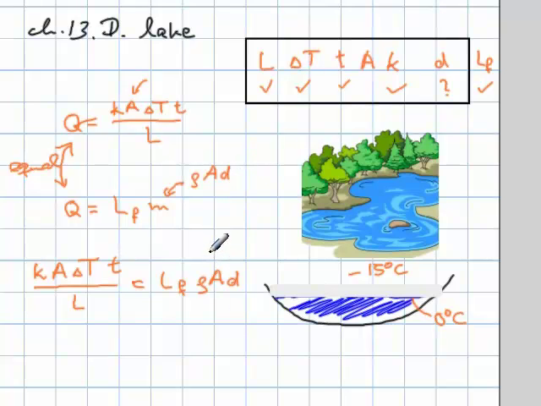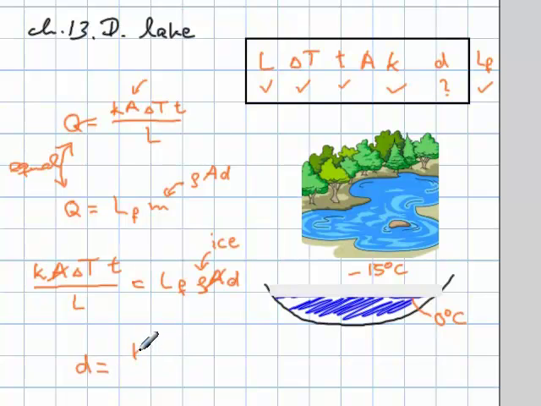So this one actually is the density of the ice, and we're supposed to figure out what the thickness is, with the area dividing out, and this is going to be a long one.